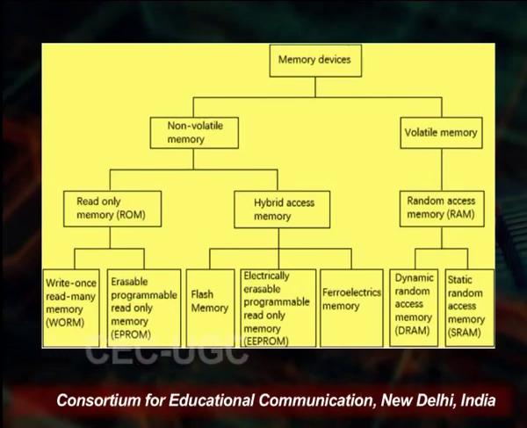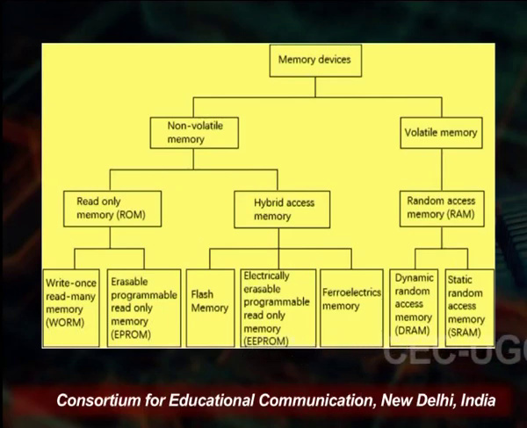Again the read-only memory is divided into two parts. First is the write once, read many memory, that is the WORM, and second is the electrically programmable read-only memory. We will discuss them one by one in the further lecture.